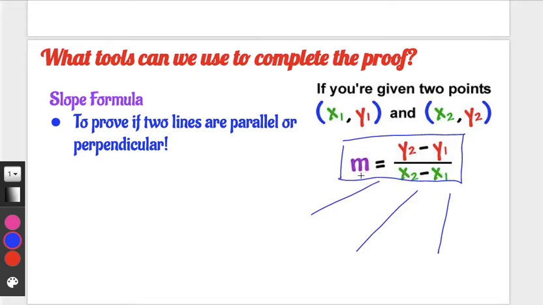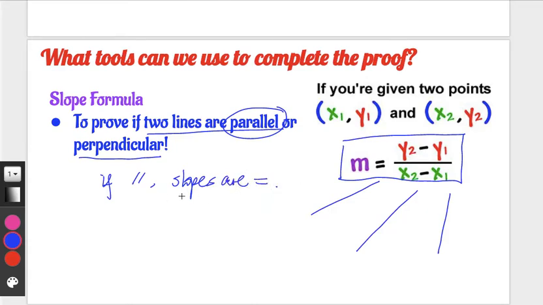But what do we use the slope formula for? We use the slope formula to prove, and that's a very important part, that two lines are parallel or two lines are perpendicular. Today we are going to focus on two lines being parallel. What does that mean? If two lines are parallel, then they have the same slope.